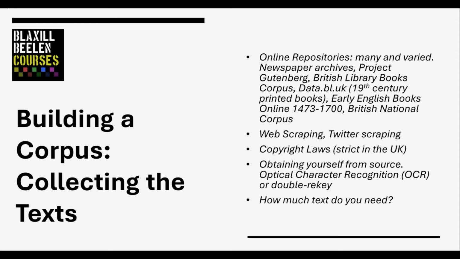I should finally say, in terms of the collecting of texts, that there are two other important things to consider. The first, and this will only really apply to historians who are working in the 20th century, is copyright law. Now, the UK has very strict copyright laws, that is to say, on the digitization and analysis of texts.